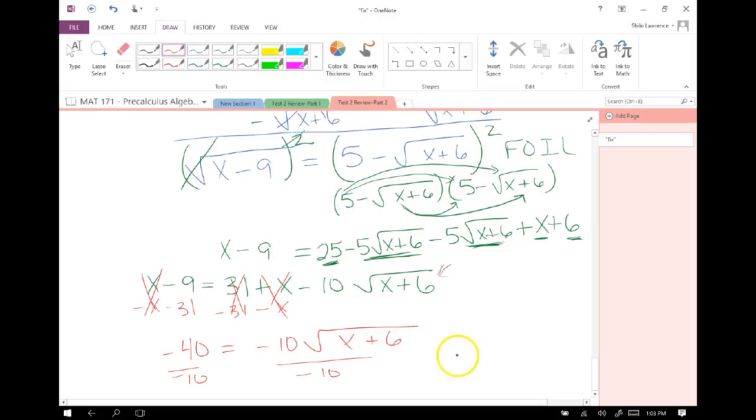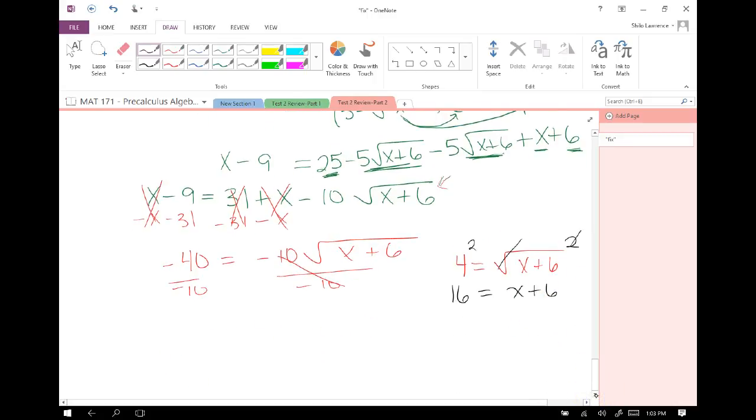That leaves me with 4 equals square root x plus 6. Now I've got my square root x plus 6 all by itself, and I can square both sides to get rid of that square root. And I've got 16 equals x plus 6. And we're just left with a linear equation to solve. So I'll minus my 6 over, I get x equals 10.